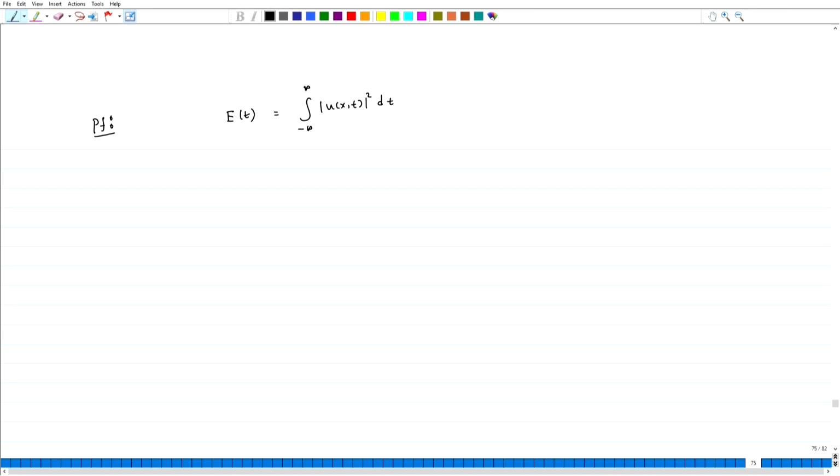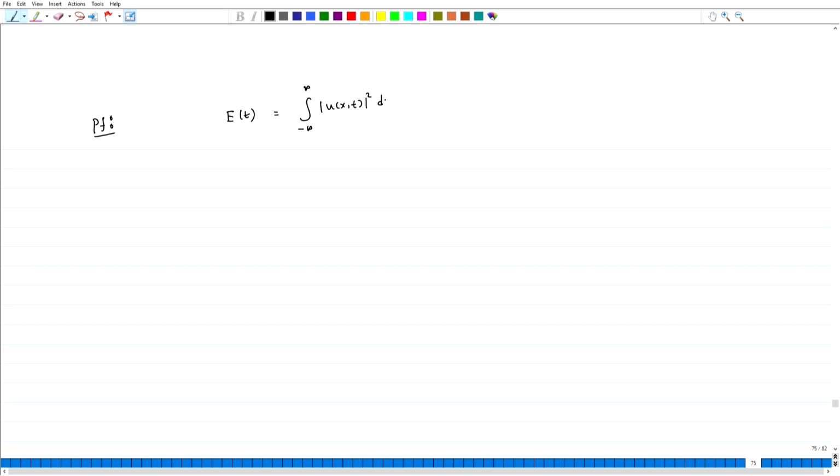Then if E(t) is equal to 0 for every t, then what we are going to get is that u(x,t) is equal to 0 for all x belonging to R, and for all t belonging to (0, infinity).